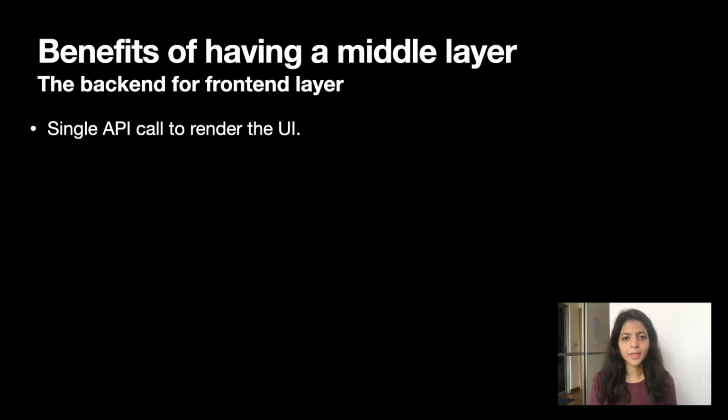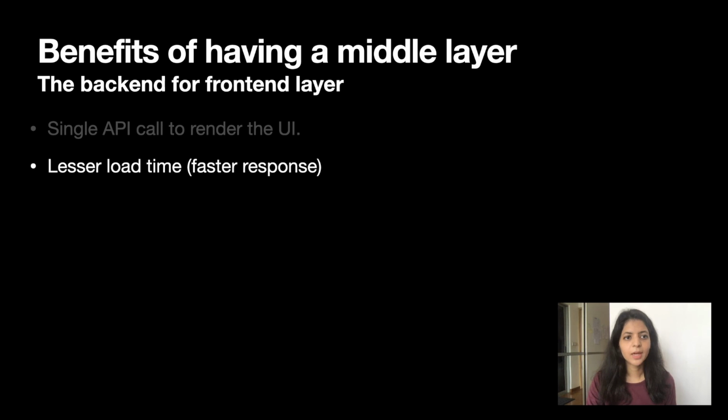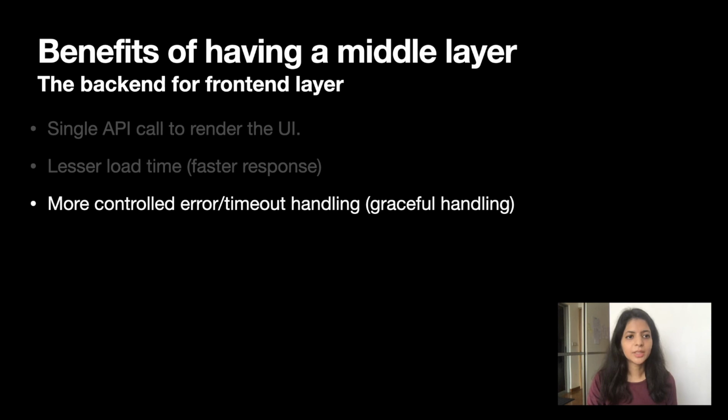Having the BFF layer can help in reducing the calls to just one, and internally the microservices can communicate with each other to fetch the data, which means lesser load time as we can avoid passing multiple calls via the API gateway, and the service internally can generate a faster response, which in turn gives us more opportunity of control and graceful error handling.